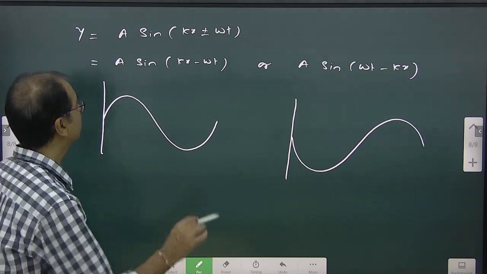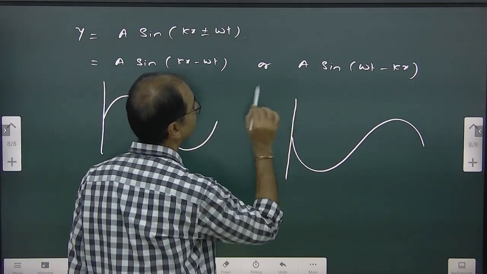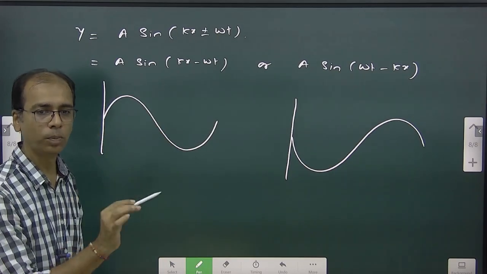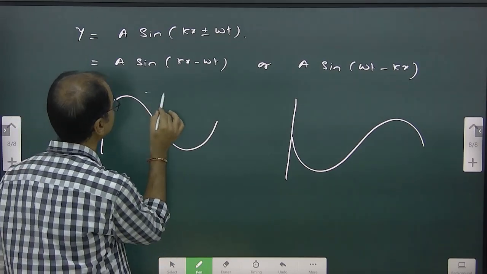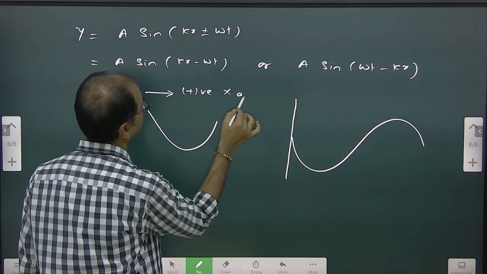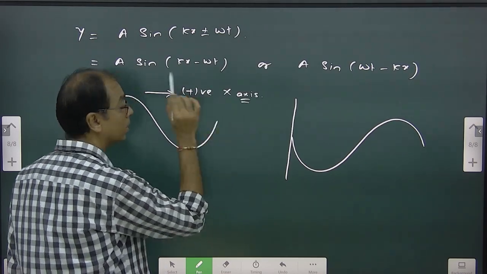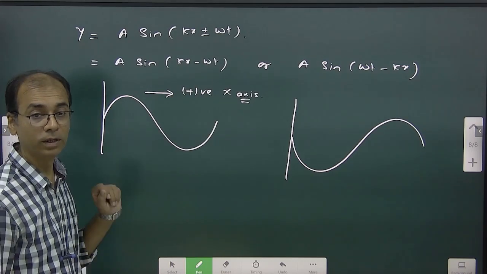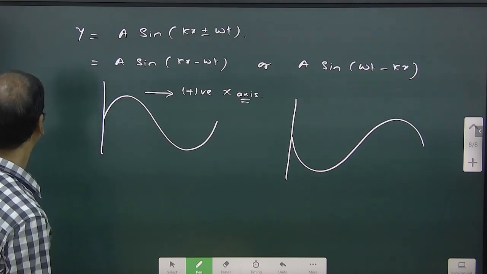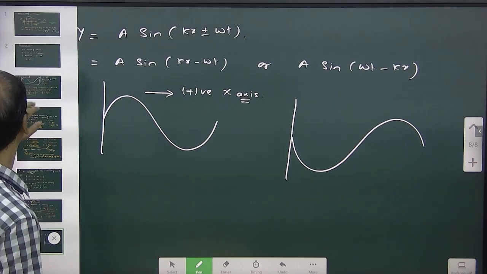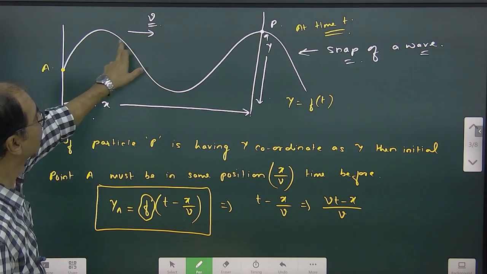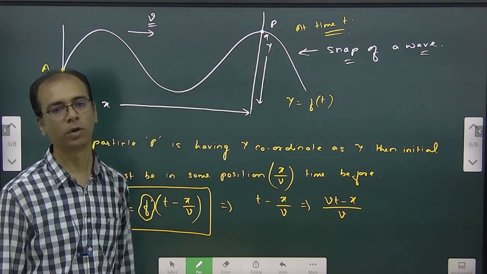Whenever this is kx minus omega t or omega t minus kx, in which direction is the wave traveling? Along the positive x-axis. How did this come? This came from where we derived t minus x by v. I'll show you where it was. Here, we did this. In which direction have I taken the wave? Positive x-axis.